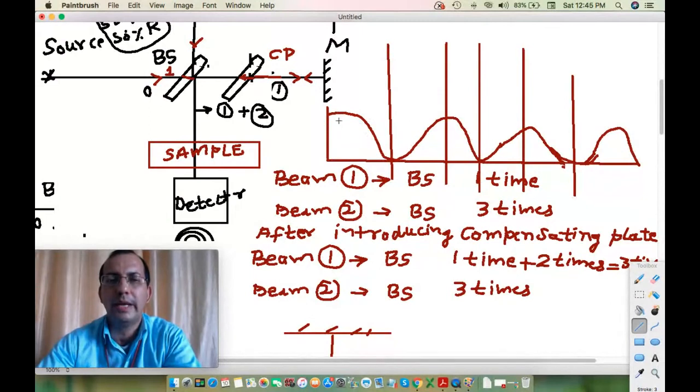So what you would have, you are moving it, you would have lambda by 2, okay? Then you would have lambda, then you would have 3 lambda by 2, and then you would have 2 lambda, like this one.